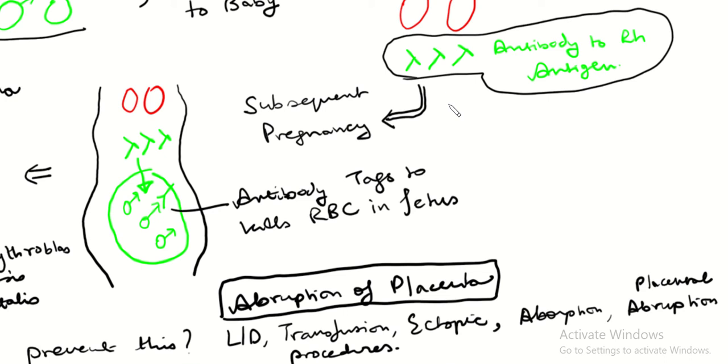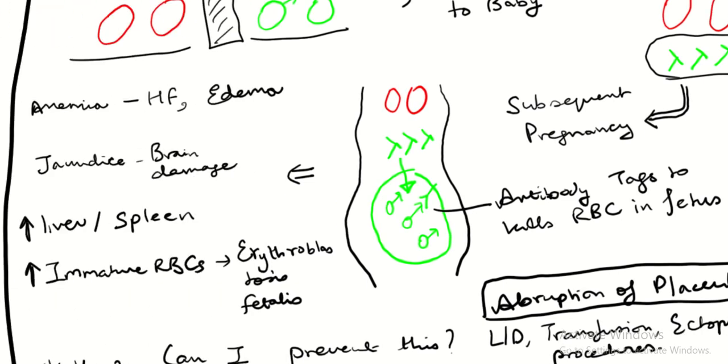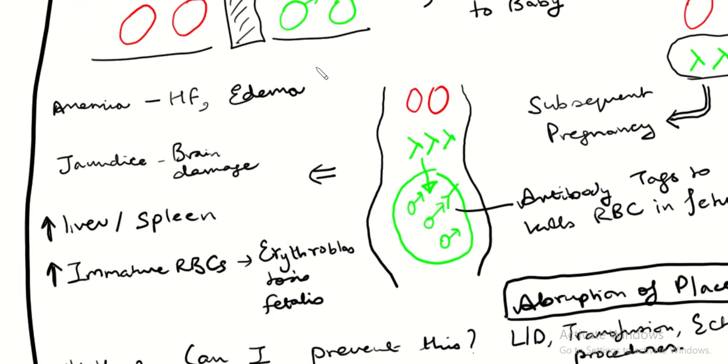So it doesn't affect that baby as much, but in subsequent pregnancies you have the antibodies already in there, so they cross. Here's mommy, this is her RBC, and then you have the antibodies. They don't affect mommy, but they cross over and start to tag baby red blood cells. And when they do, these blood cells in the fetus get tagged and destroyed.